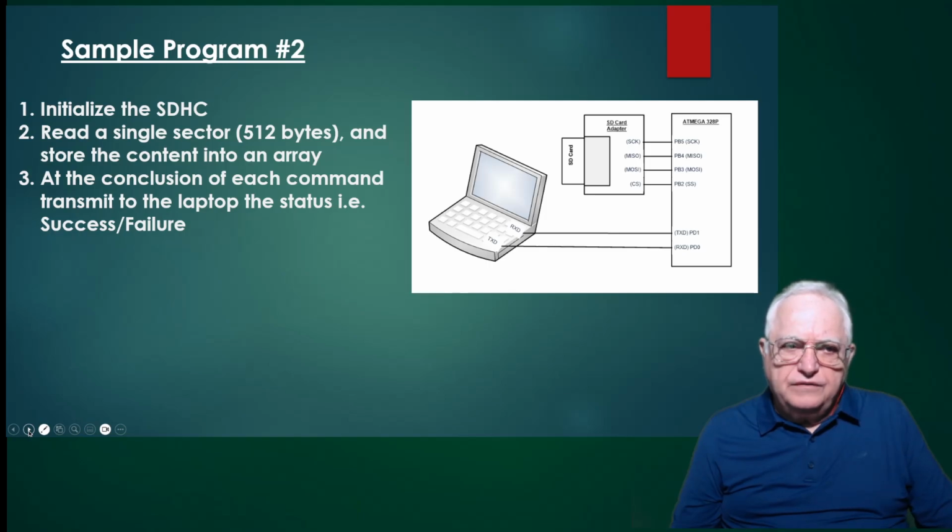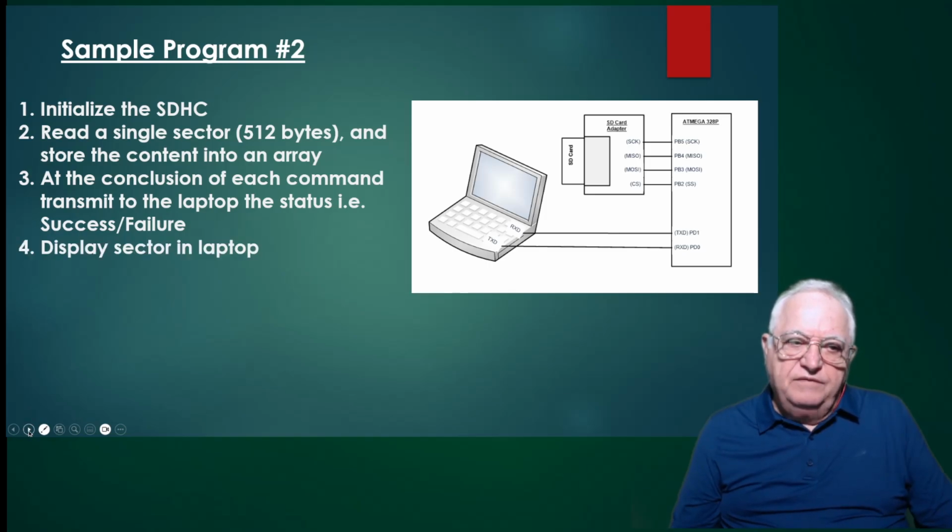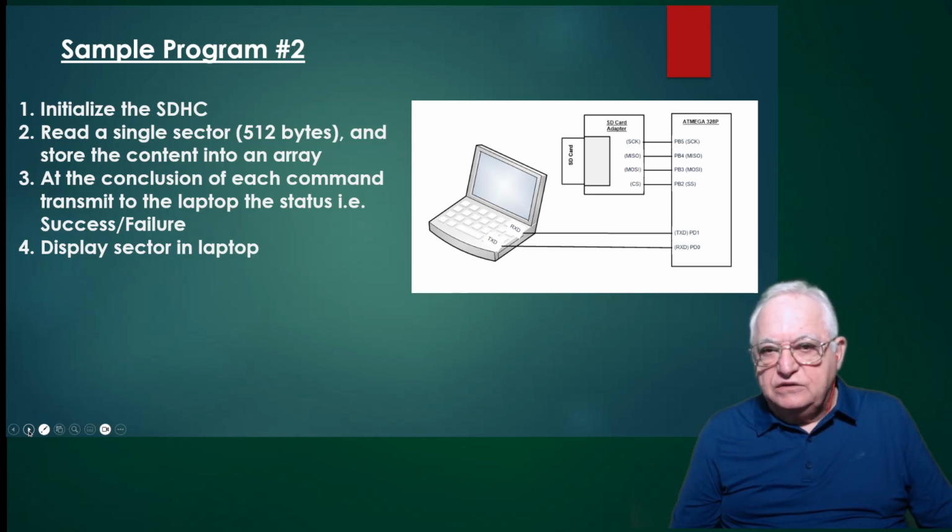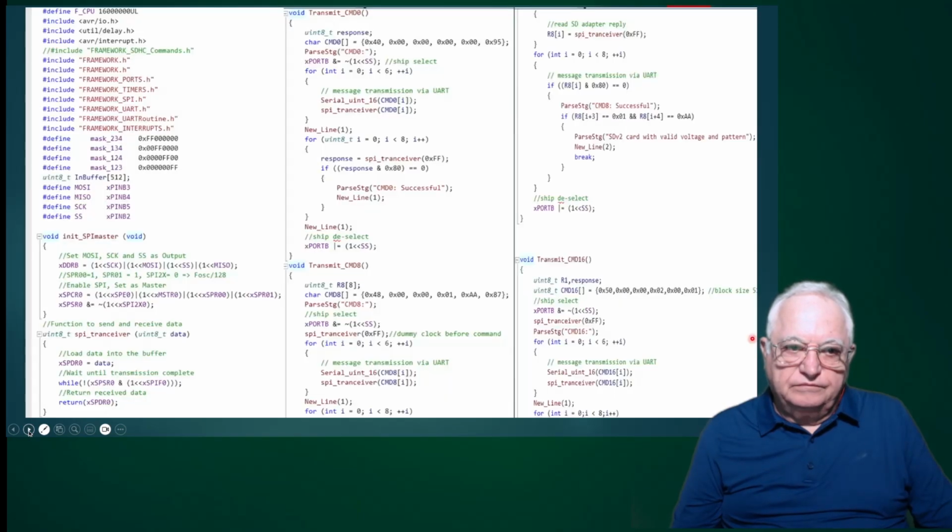At the conclusion of each command, we're going to transmit the status to the laptop. And finally, we're going to display the sector on the laptop. So the idea here is we're going to put together all the different commands that I explained before. So let's look at the program.